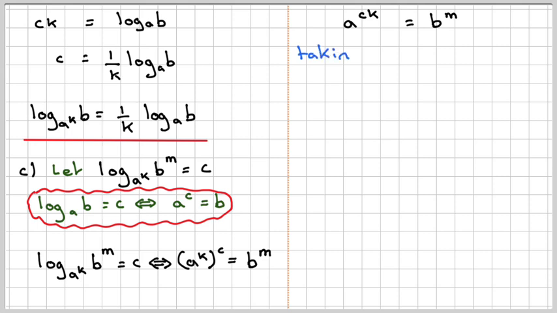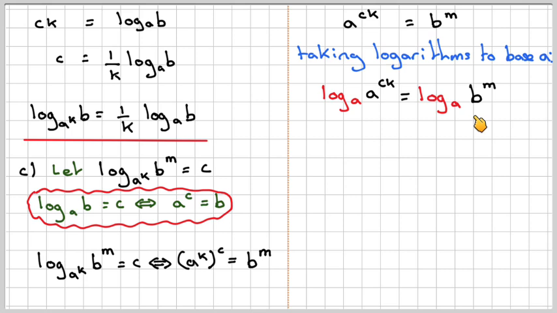And then taking logarithms to the base a of both sides, we're going to have log to the base a of a to the ck is equal to log to the base a of b to the m. We can bring that down in front. So we're going to have ck log base a of a, and again we can bring that m down in front, is equal to m log a of b.